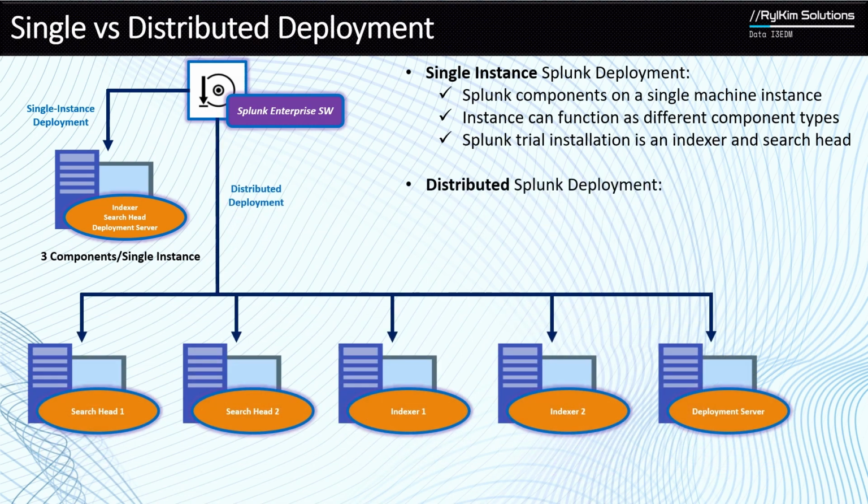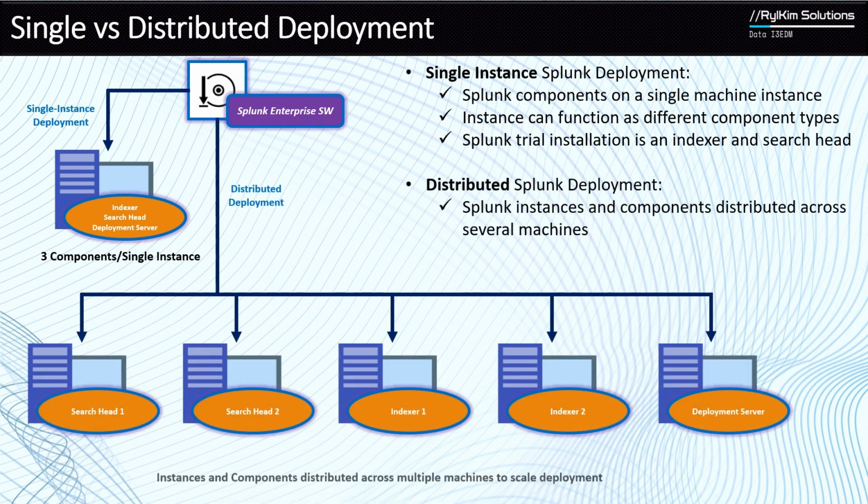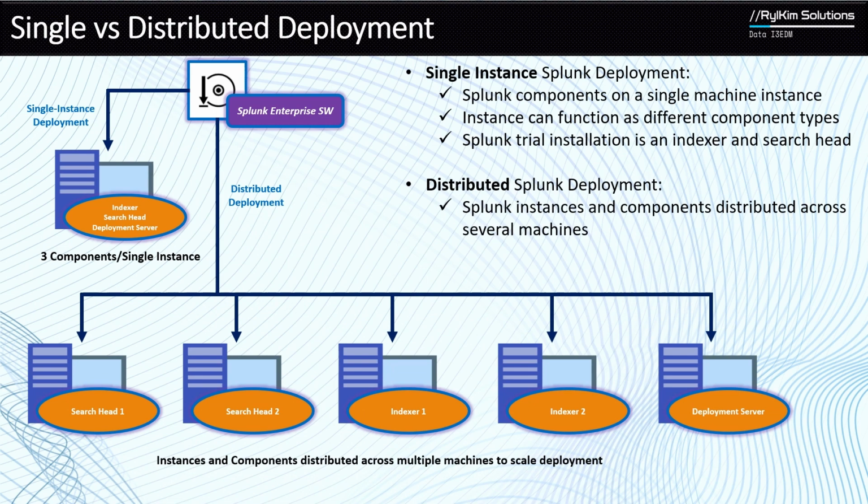And then for a distributed deployment, what you are really saying is that your Splunk instances are distributed across multiple machines. So you are taking your instance and you want to really scale your deployment. This is very typical in large commercial deployments, where big companies purchase Splunk and then want to deploy it at scale.